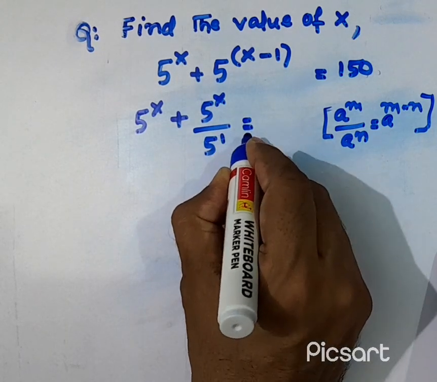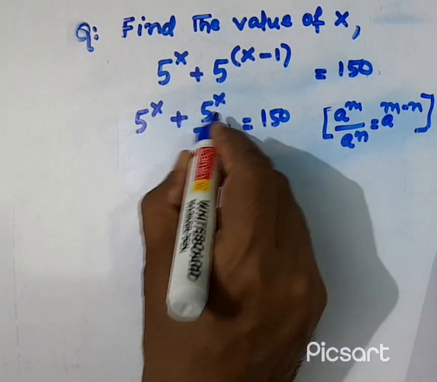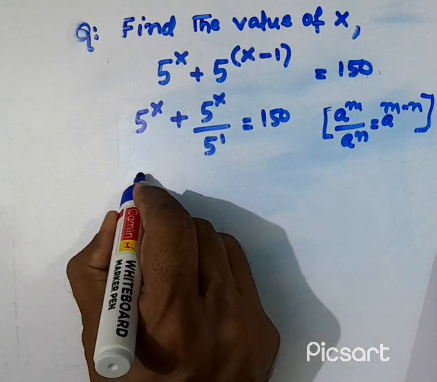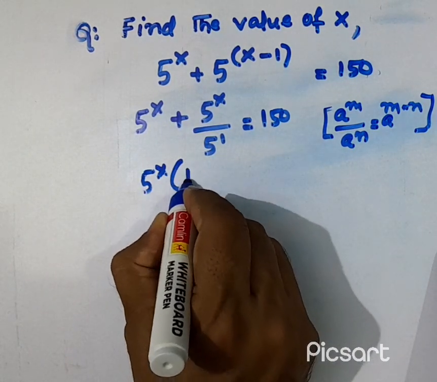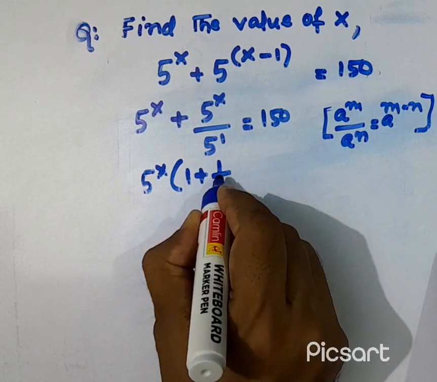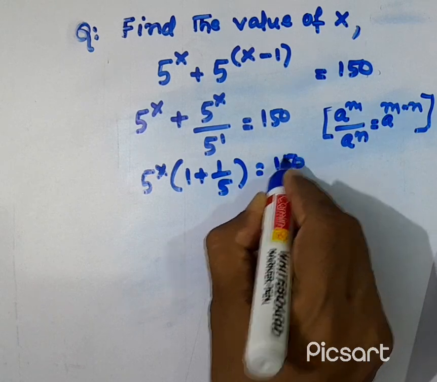So this is equal to 150. Here we can take 5^x common. So 1 plus 1 by 5 is equal to 150.